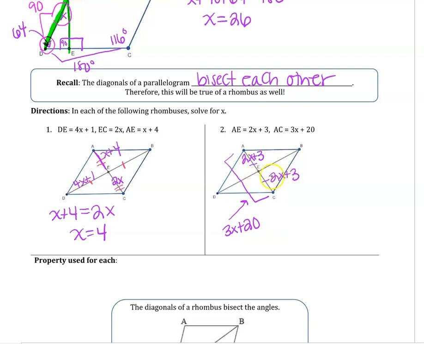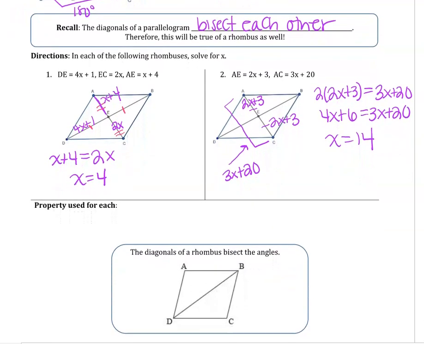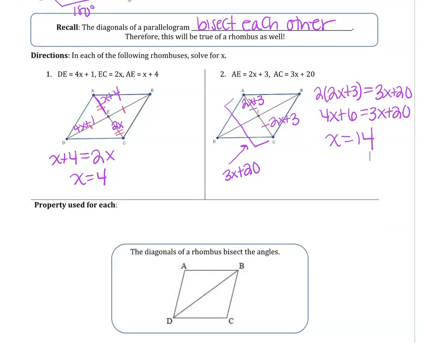So what I'm noticing is both of these put together, so 2 times 2x plus 3, must give me the whole diagonal 3x plus 20. So let's solve. So 4x plus 6 equals 3x plus 20. Subtract the 3x to get x, subtract the 6 to get 14, so I'm getting x to be 14. Now again, what's allowing me to be able to set each piece of those diagonals equal to each other is knowing that the diagonals of a rhombus bisect each other.